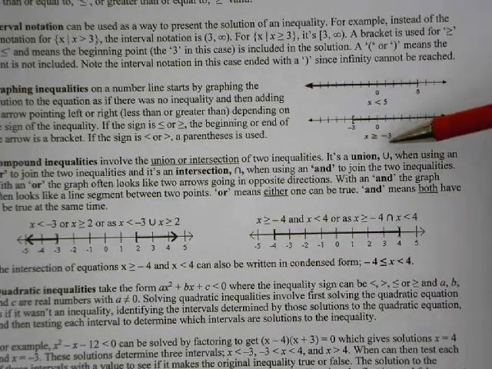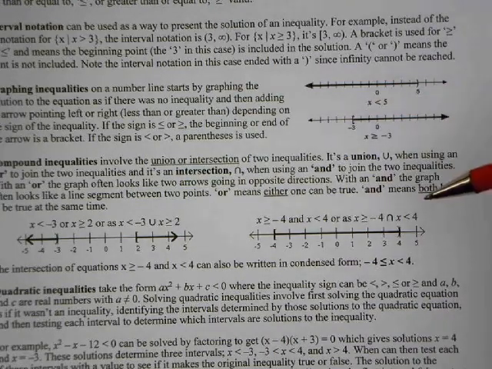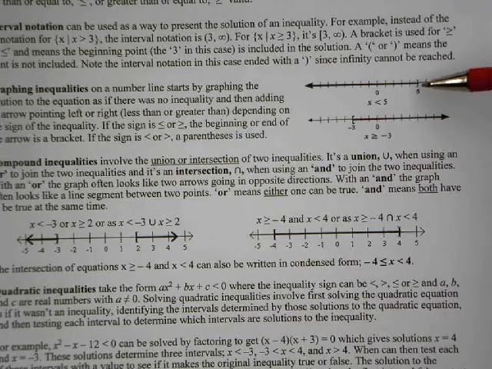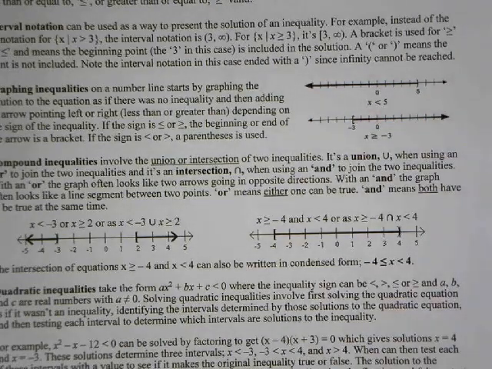Here we use a bracket because we have greater than or equal to negative 3, and so again, a bracket at the negative 3 and then an arrow to the right. Now, perhaps once long ago, we used open and closed circles to say the same thing. In other words, we would put an open circle for greater than, and a closed circle, or an open circle that's filled in, for greater than or equal to or less than or equal to.